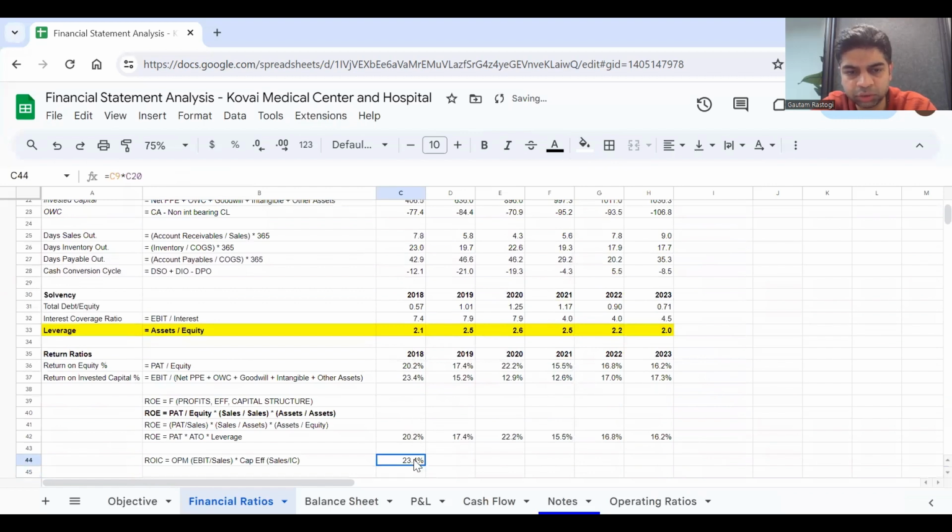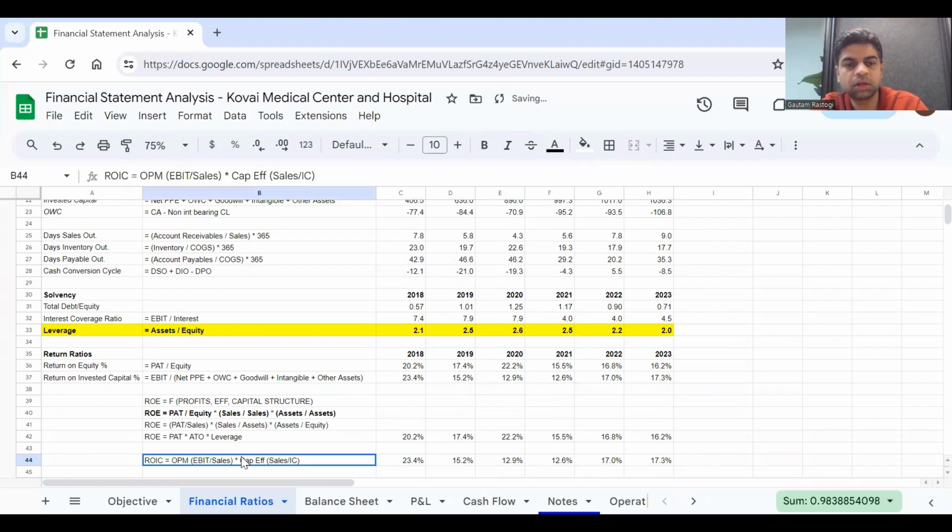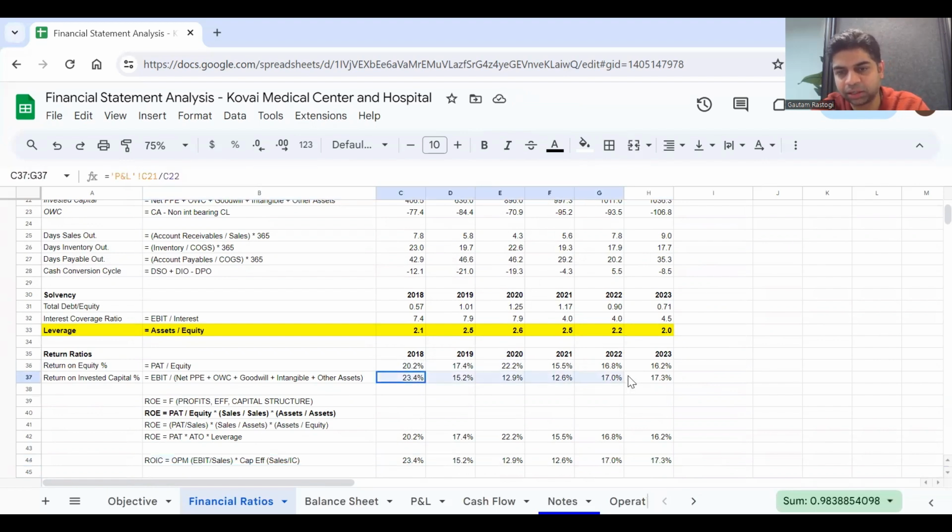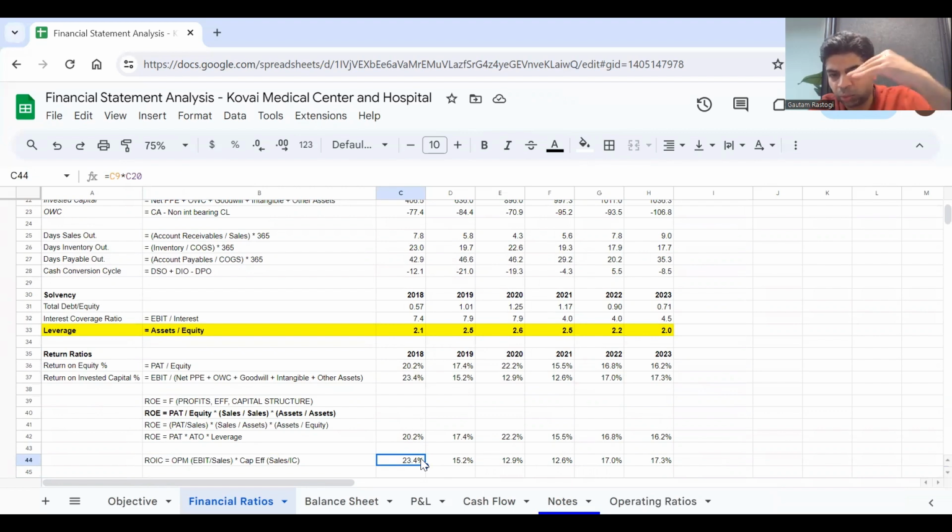So you see, ROIC matches exactly what we've estimated. And the trend is it was high early on, went downhill, and now it's slightly recovering.